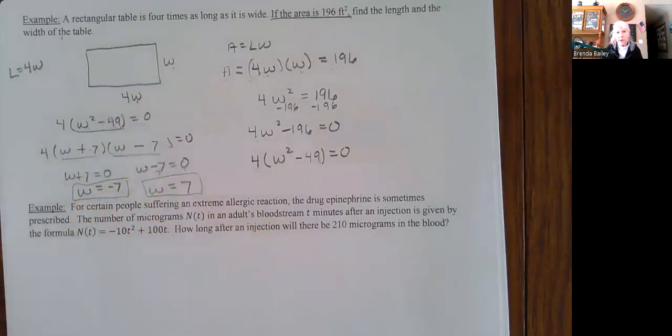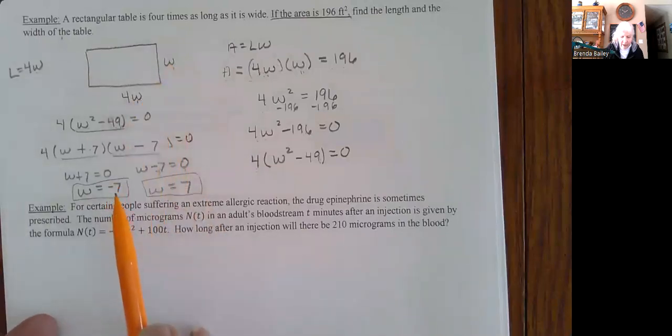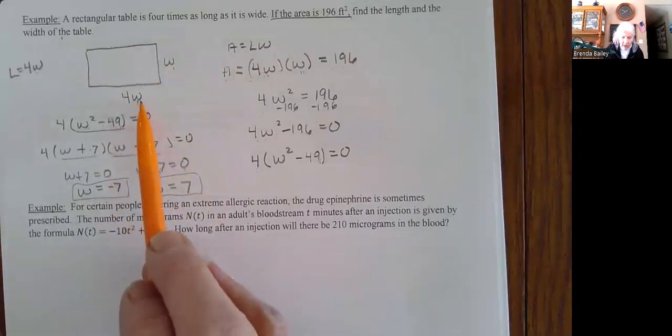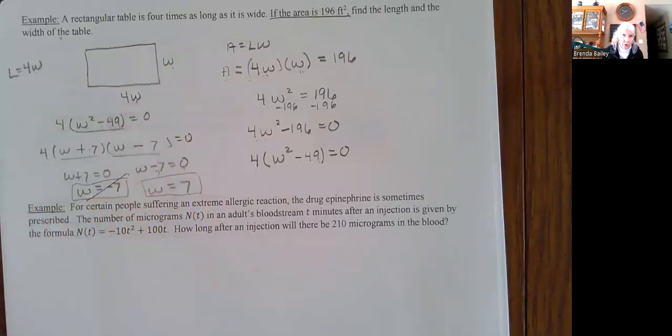So this is where you have to go back. Whenever you have these story problems, especially when it deals with distances, we know that negative 7 feet doesn't make any sense. So we can't have a negative for a width. This one is not a part of the solution. The only solution we have is 7.